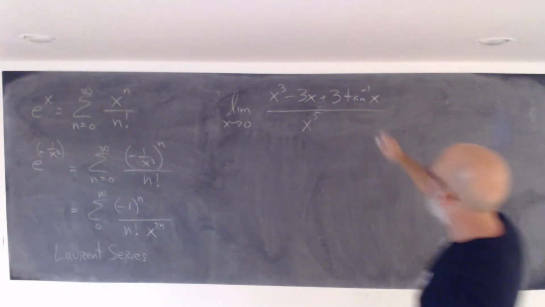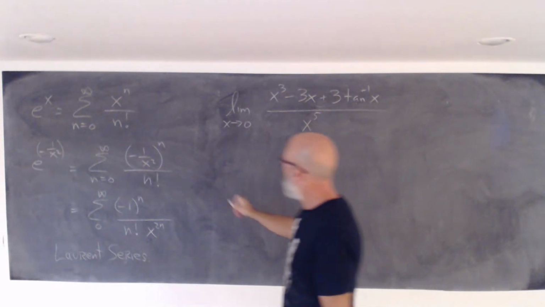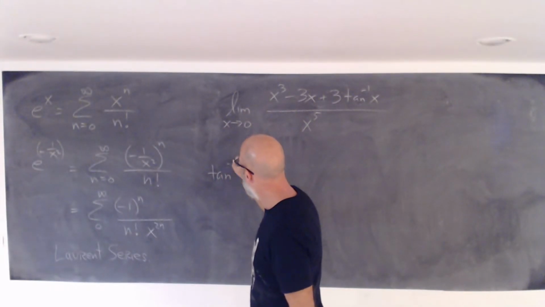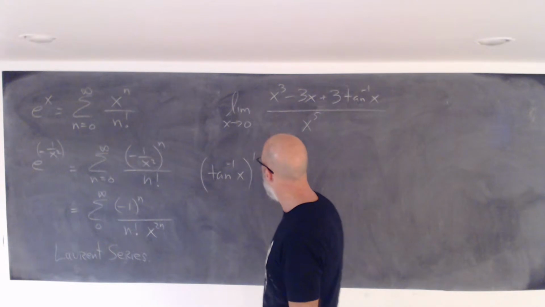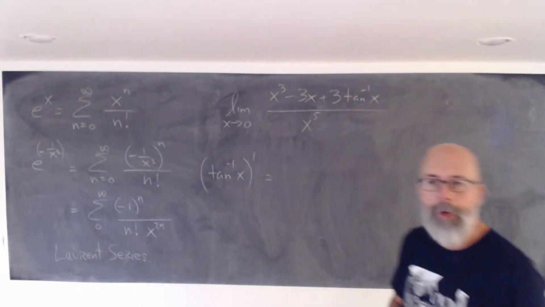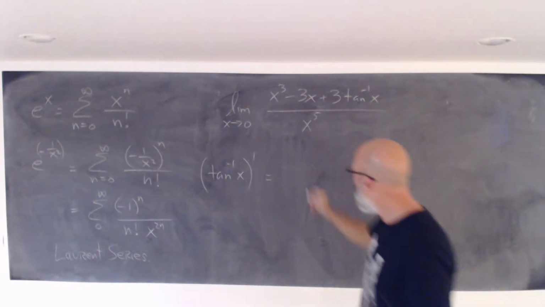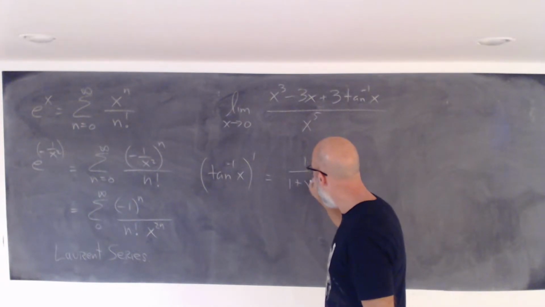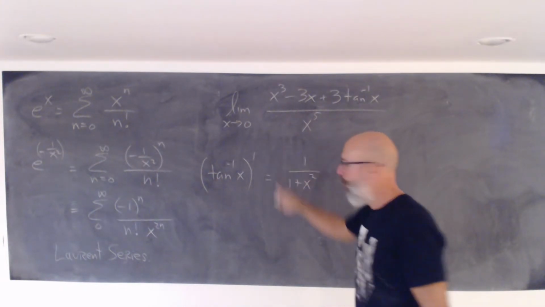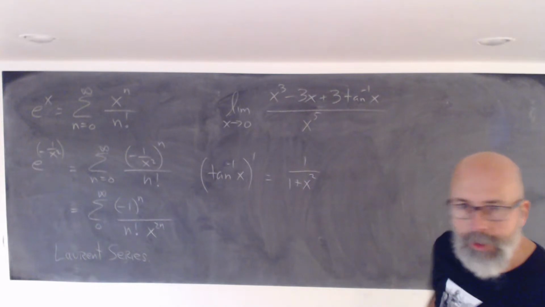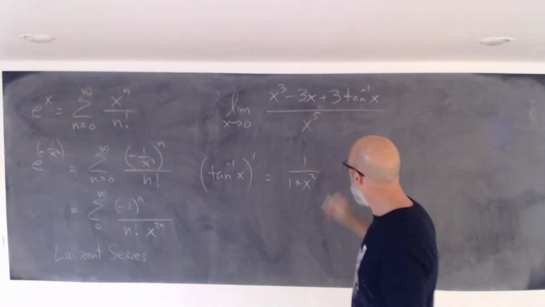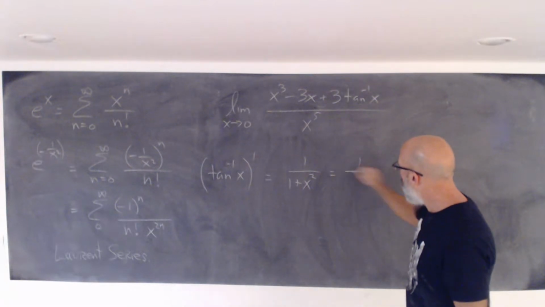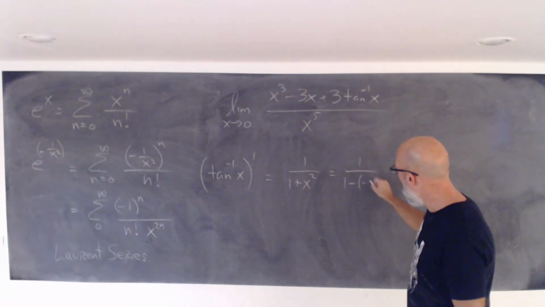All right, let's start with this. Arctan of x. Let's start by taking the derivative, which you know to be 1 over 1 plus x squared. You know where this is going. You recognize a geometric series, right? And this is 1 over 1 minus negative x squared.